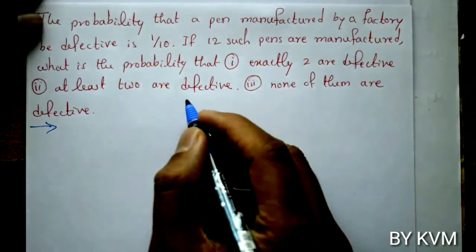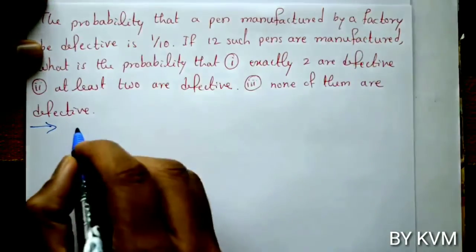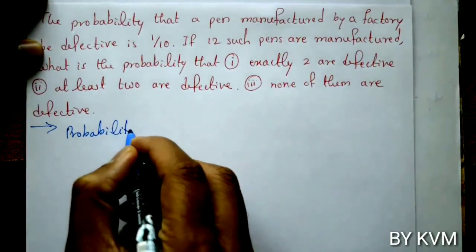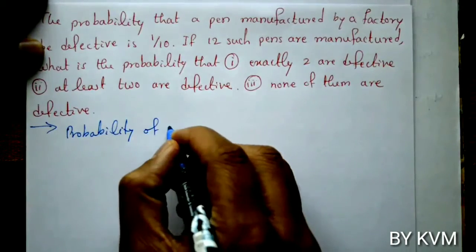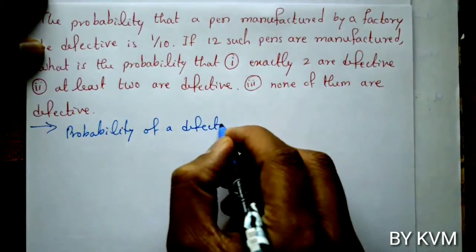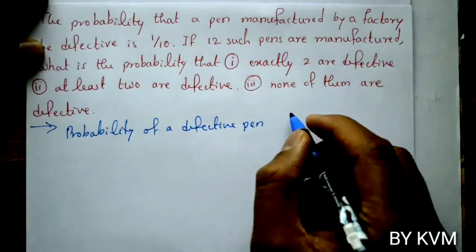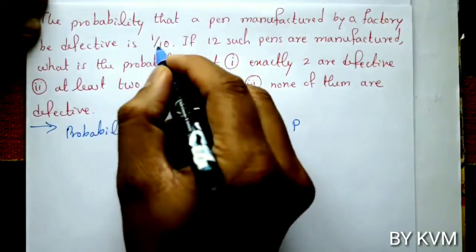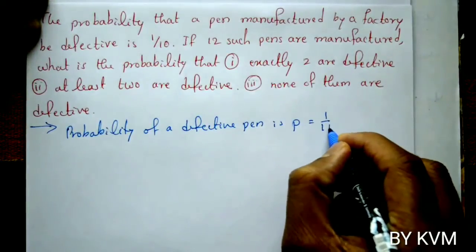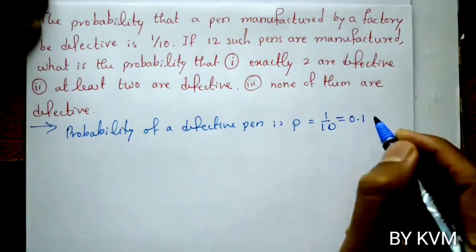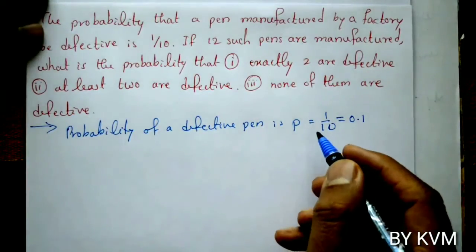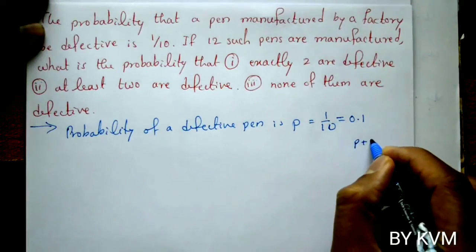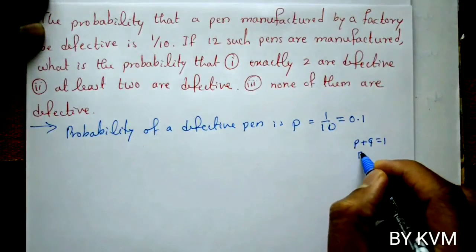So, now here by binomial distribution, the probability of a defective pen is P. So, the probability of a defective pen P is given as 1 by 10, that is 0.1. If P is the probability of a defective pen, then Q is the probability of a non defective pen. So, we know P plus Q equals 1.